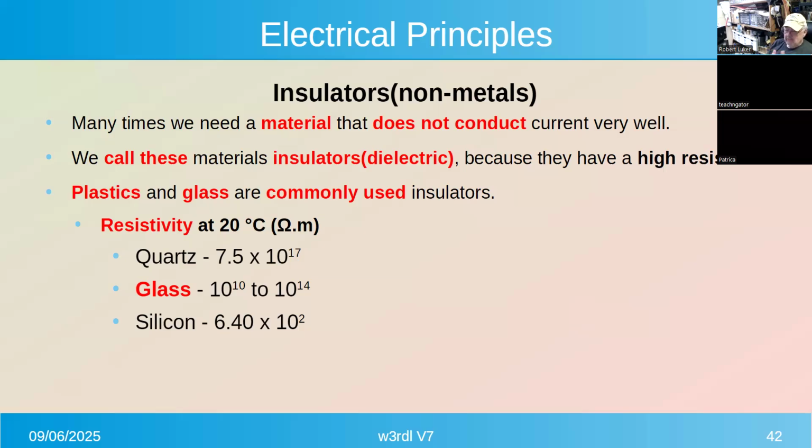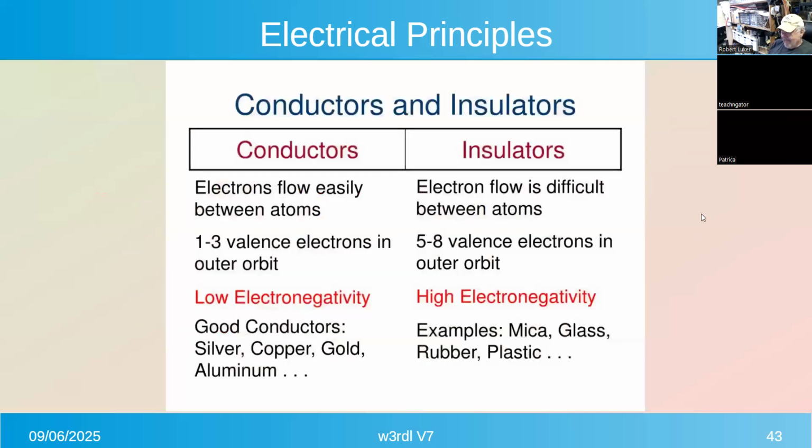We haven't come up with many new insulators. Glass is cheap. Burn some sand. This again shows that conductors only have a couple valence electrons and insulators are almost full shell.